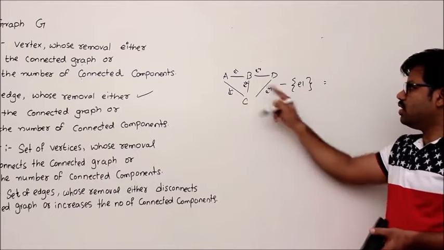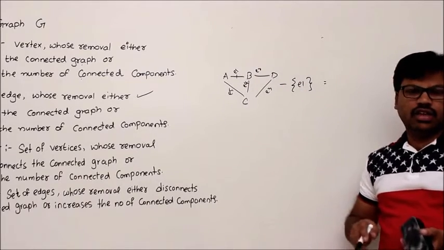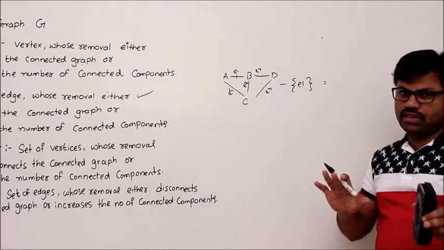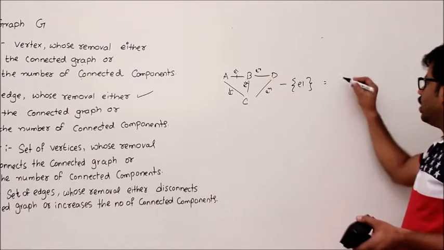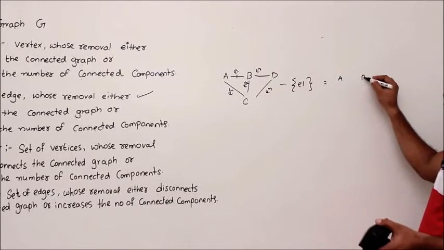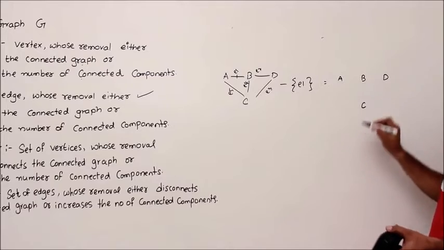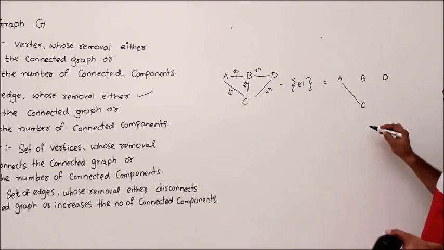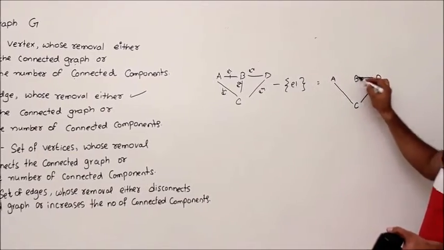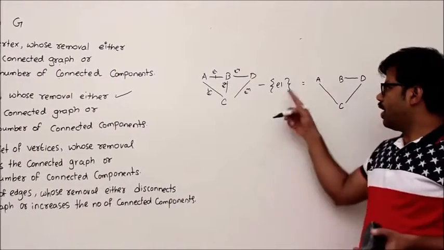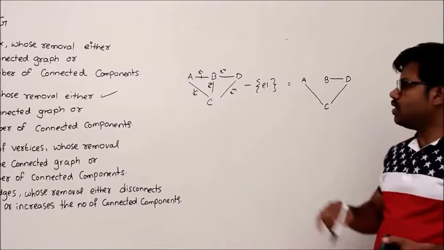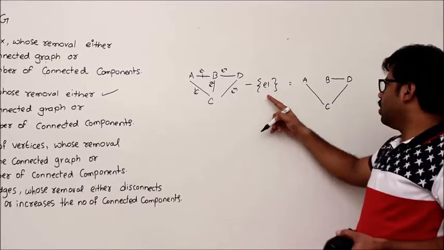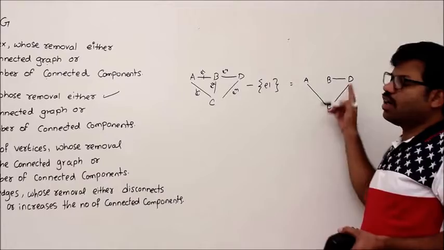When we remove an edge, we simply discard that edge, but we don't remove any vertex corresponding to E1. Here we have A, B, D, C, right? We are just losing the relationship between A and B, that's it. Now everything is the same: AC, CD, BD. This is called removal of an edge from a graph. So when you remove an edge from a graph, the resultant thing is also a graph.